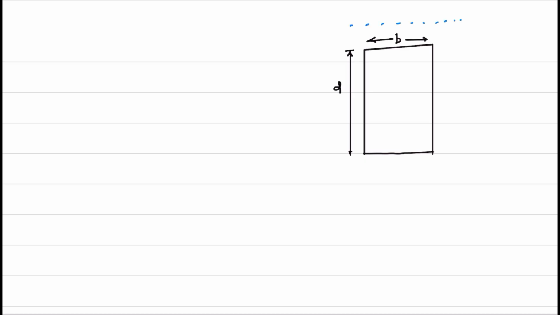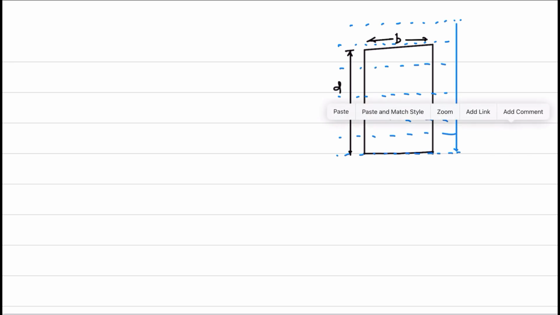This is D, this is B, breadth, and let us take it as fully submerged. Water is a little more than the height of the vertical surface.